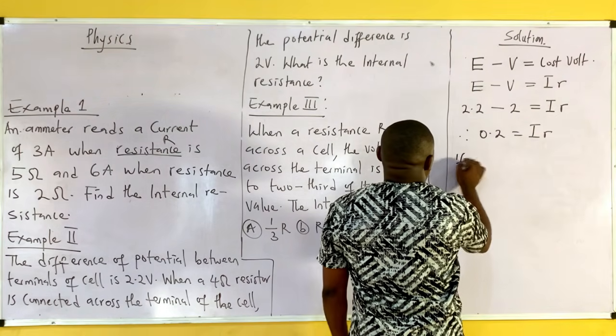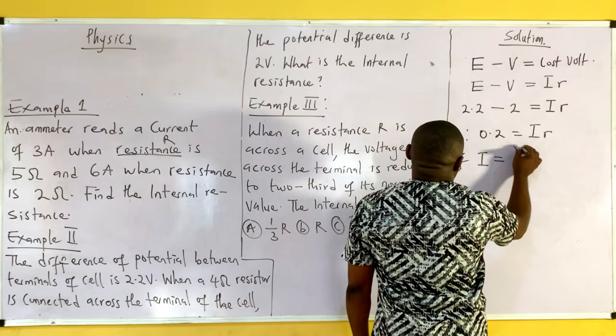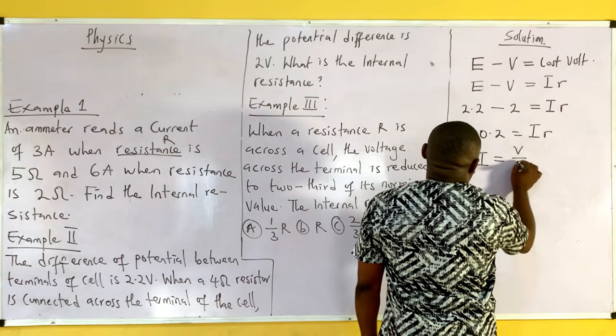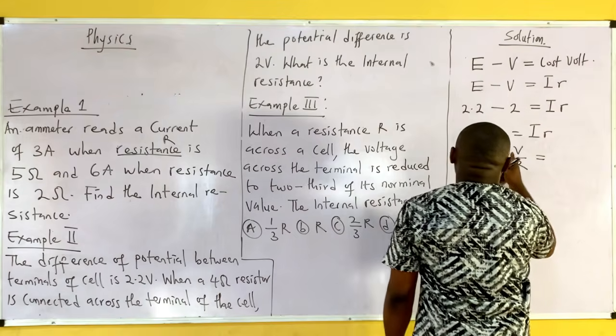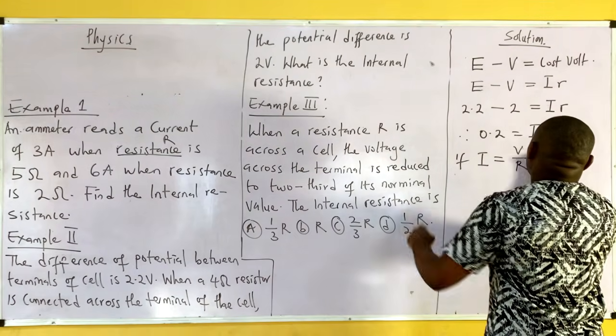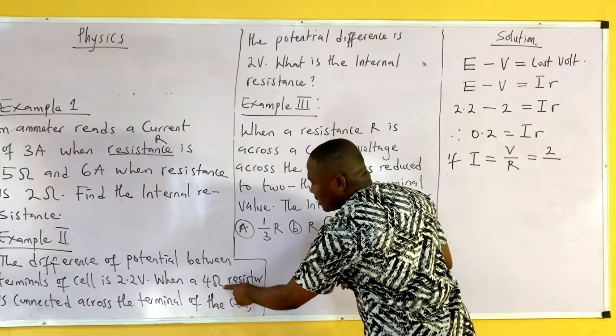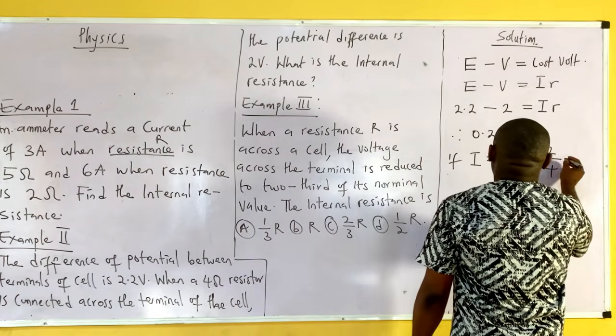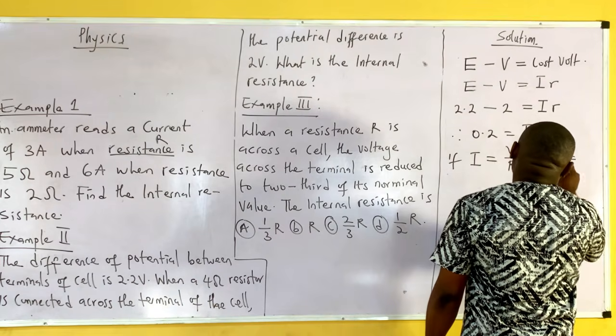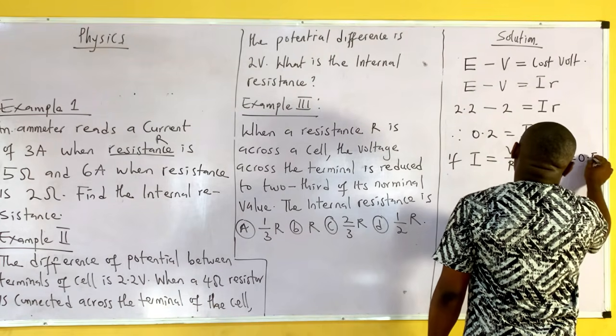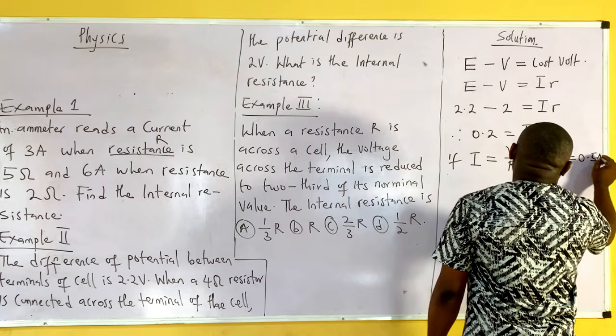Now recall, current equals voltage over resistance, which equals, what's our voltage? Our voltage is 2, over, what's our resistor? Our resistor is 4. So current will be equal to 0.5 ampere.